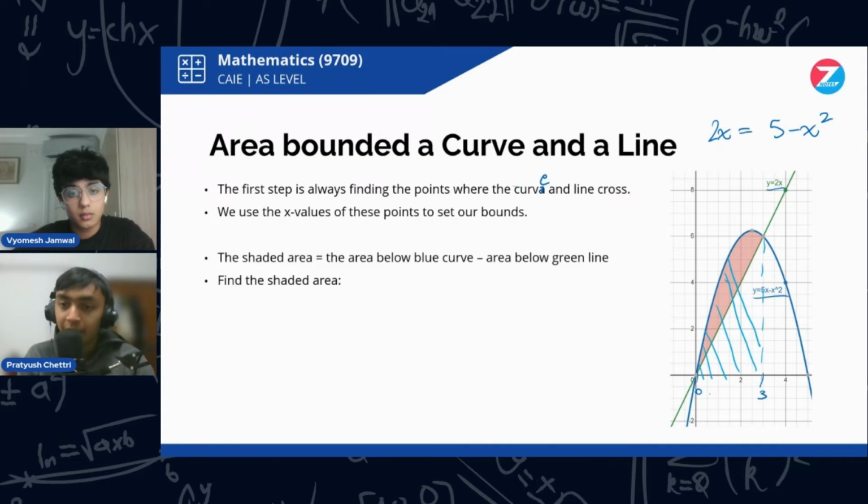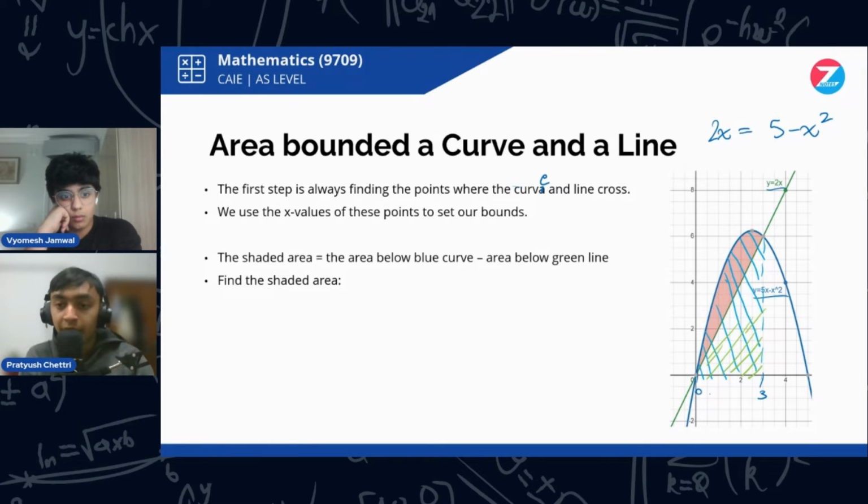If we integrate the blue curve with respect to x, between the blue curve and the x-axis, we get this shaded blue area. Now, if we integrate the line, or you could just do it like a triangle, area base times height, or I'd prefer to integrate it here. Let's do the area below the green line.